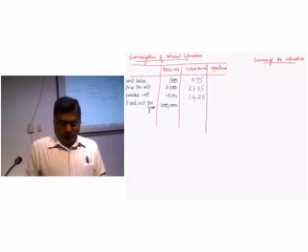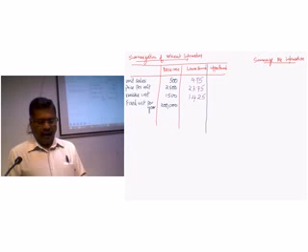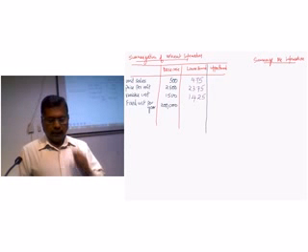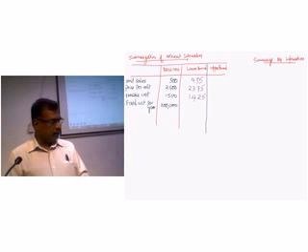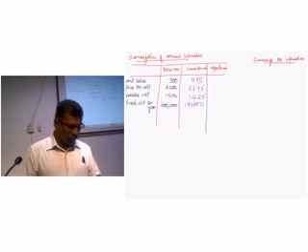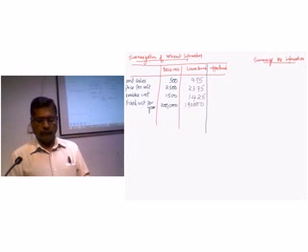Then variable cost: we have 1500 in the base case. 5% is 75, so 1500 minus 75 is equal to 1425.